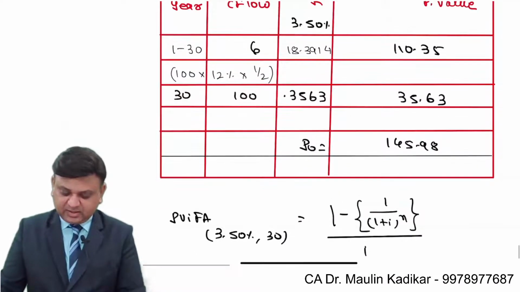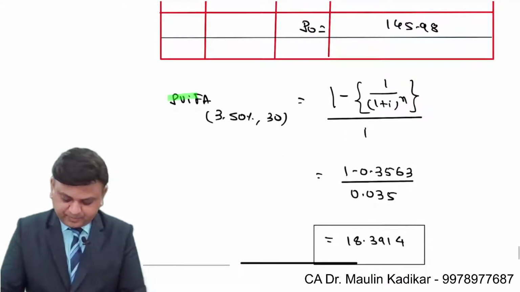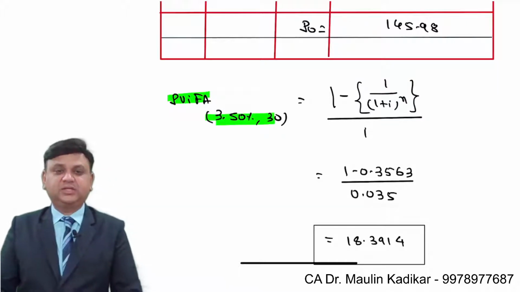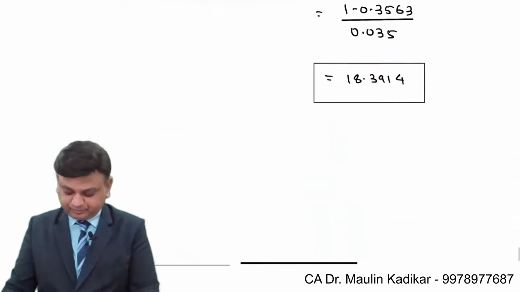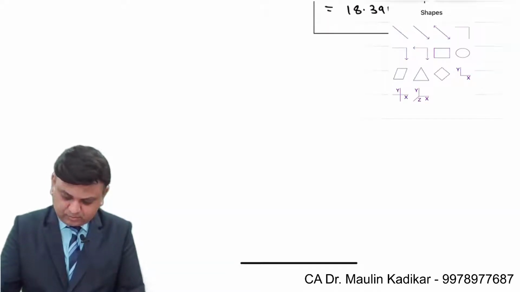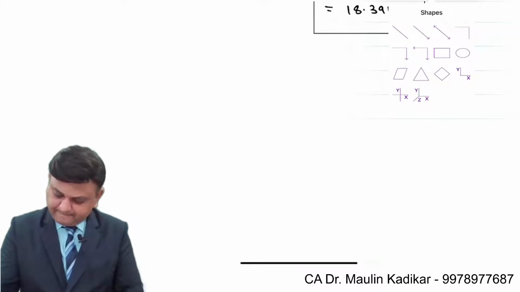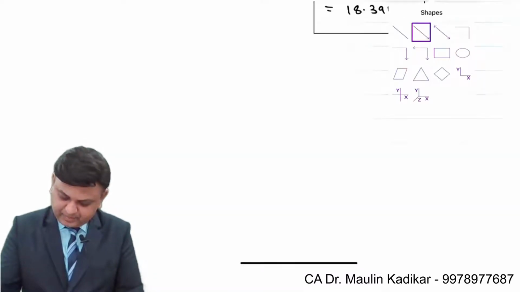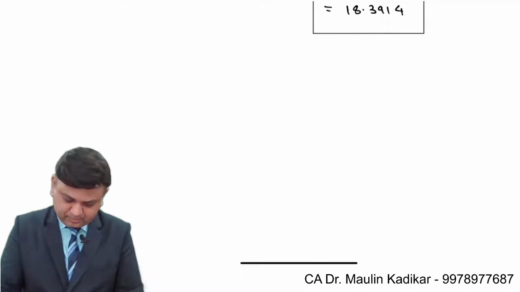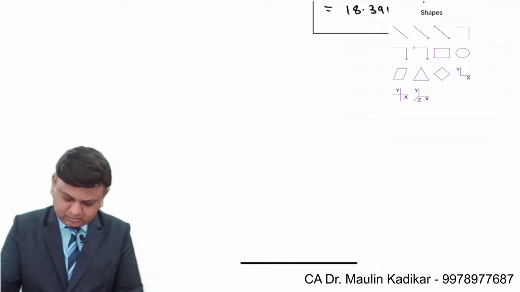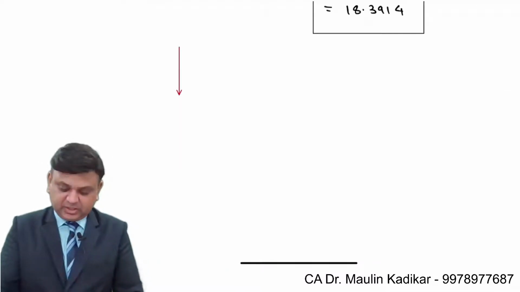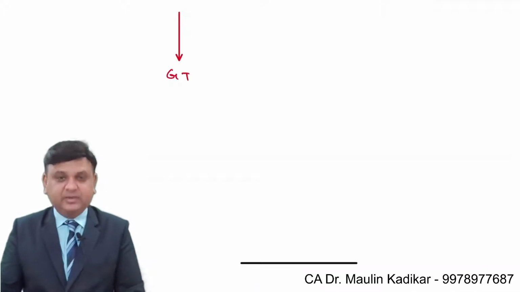Dear students, as far as the annuity factor is concerned, this PVIF at 3.5% for 30 years, you can calculate by multiple methods. One of the methods by which you can do it is the grand total button.